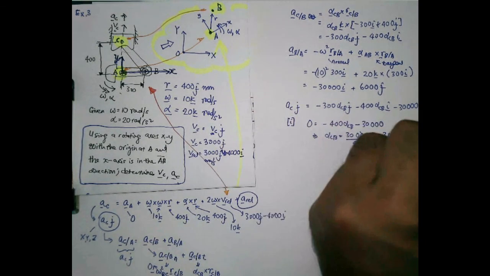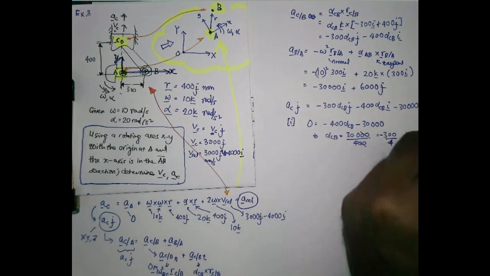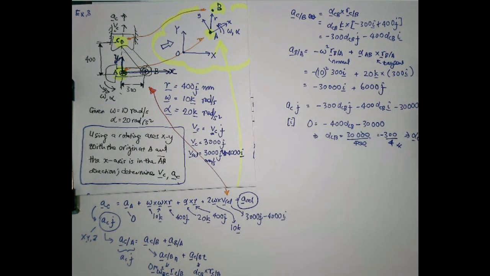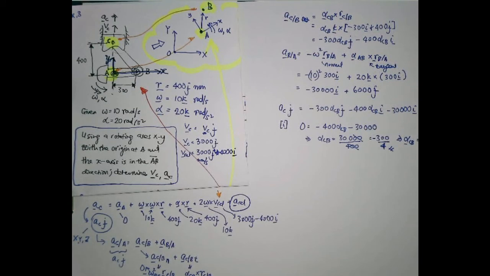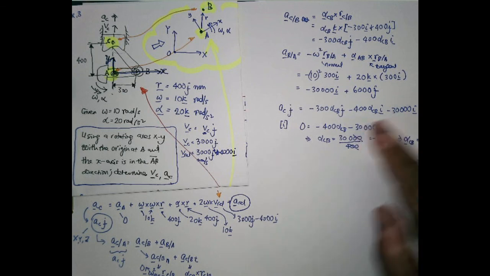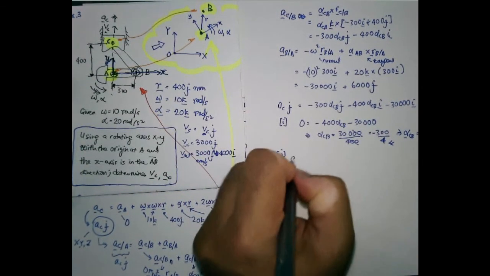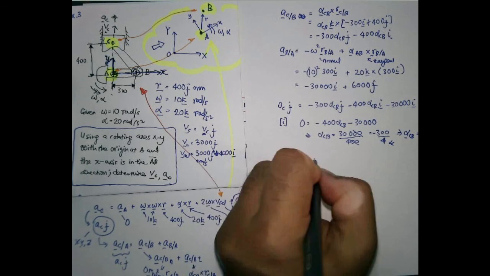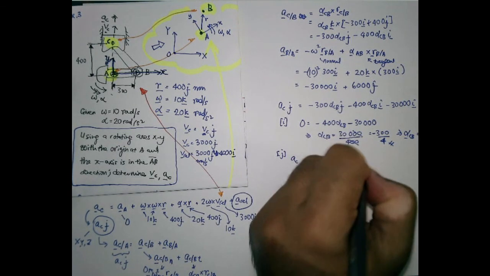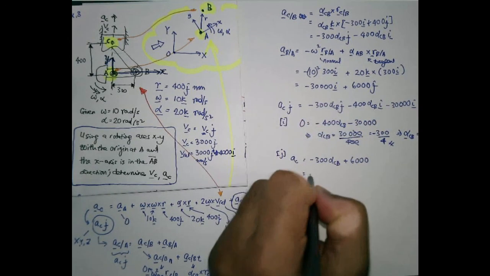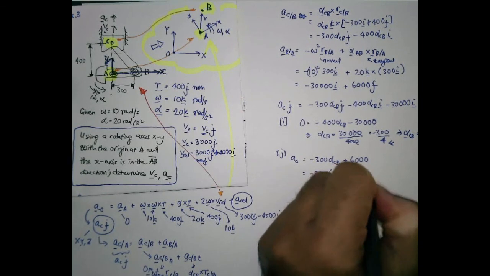The vector alpha CB is minus 300 over 4 radians per second squared. Now we need to find AC, so we take the j parts. AC equals minus 300 alpha CB plus 6,000.